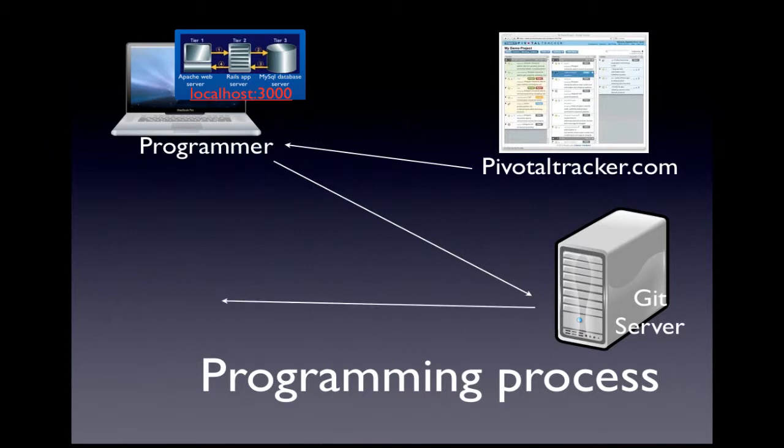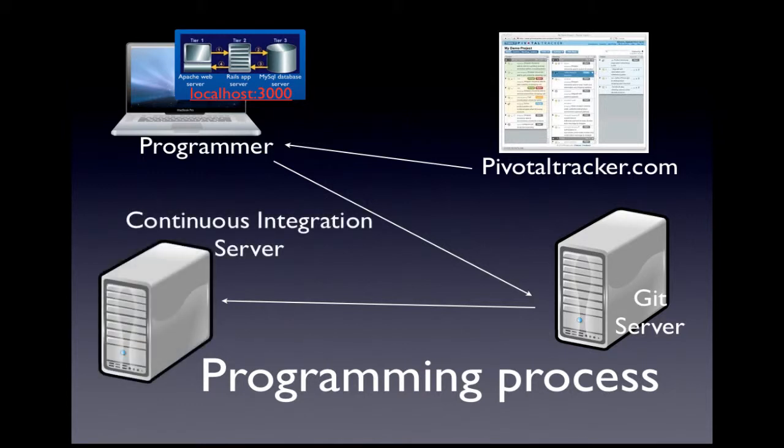And then when you commit on the master branch of the Git server, the continuous integration server wakes up and starts running all the tests that you've seen in a previous screencast. You know, the 4,000 RSpec unit tests, and maybe 4,000 integration test steps, and about 1,200 unit test steps.